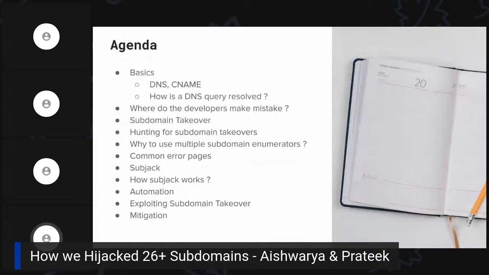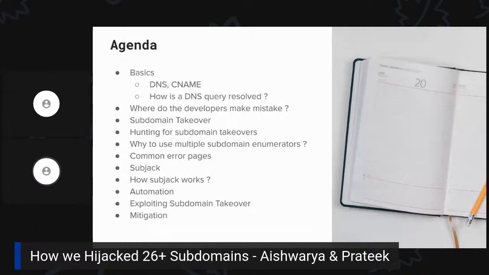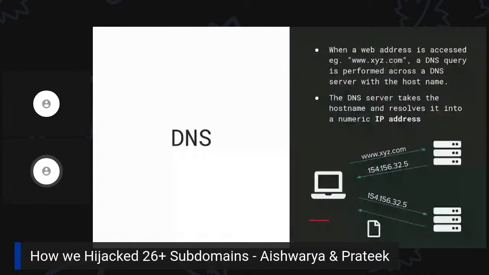Then we'll see how Subject works, what's the logic behind it, and after that we'll go for automation, and then we'll exploit the subdomain takeover by taking over a vulnerable subdomain, and there will be some mitigation steps to avoid subdomain takeovers.